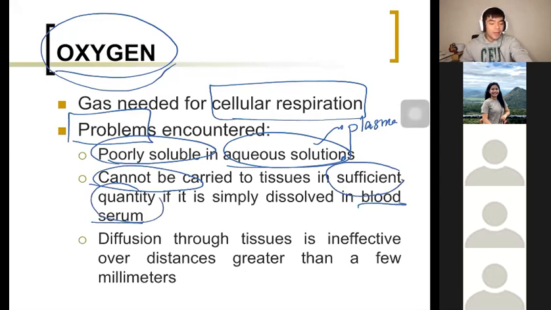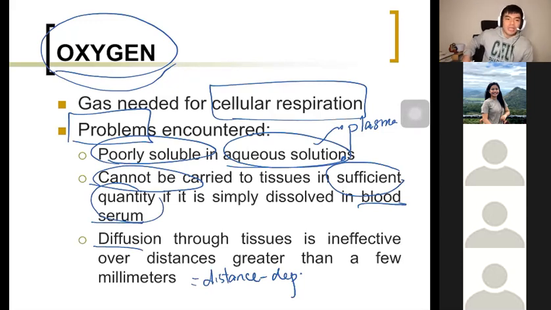So kung hindi marami ang nakakarating sa tissues, mamamatay din yung mga cells, right? Pangatlo, distance dependent ang oxygen pag tinatransport. Lumayo lang ng konti sa cells, hindi na makakarating. So yun yung problem. Ulitin natin, importante ang oxygen, kaya nga lang, mahirap siyang ipamigay. Okay? Yun ang problema.